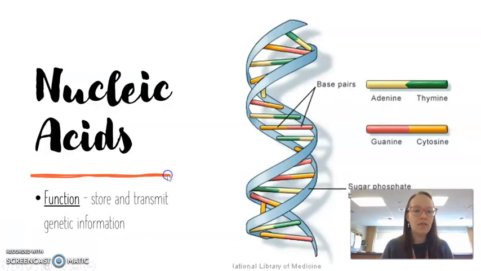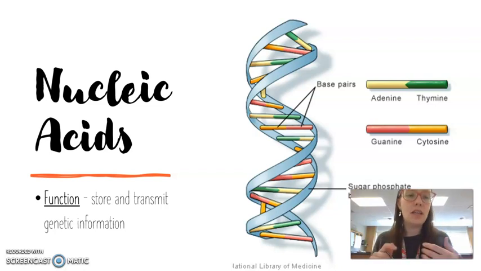Nucleic acids have a very specific function, and that function is genetic information. So they store and transmit or send out genetic information, and that is the information that tells the cell what to do, tells the cell what it is, tells you who you are.